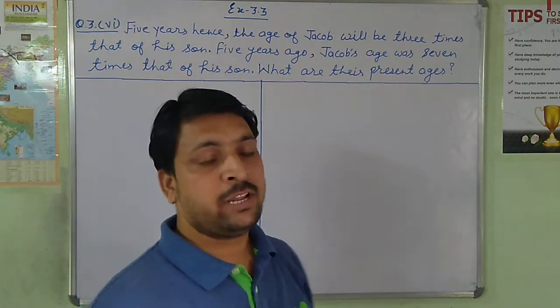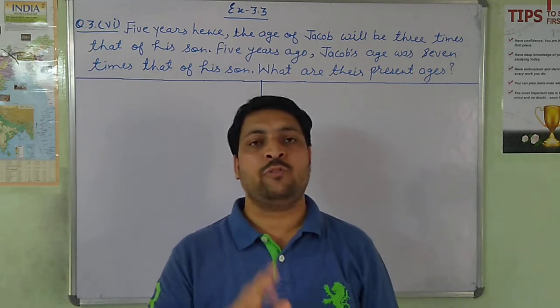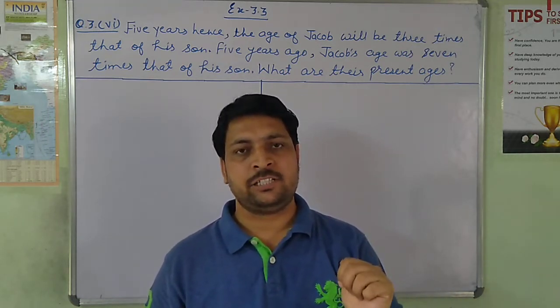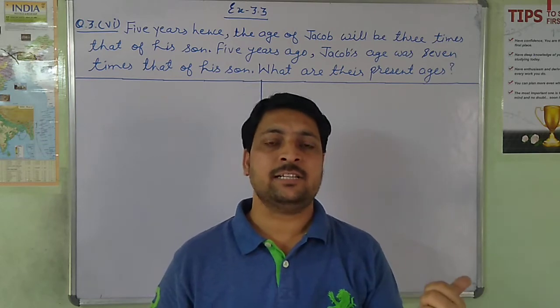Now students, in this question we have to find two values. Jacob's present age and his son's present age.